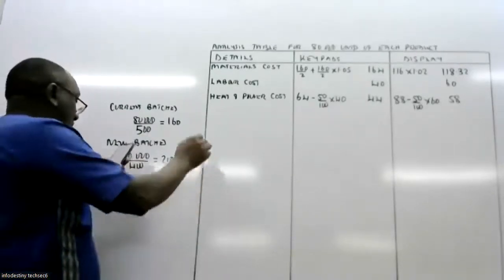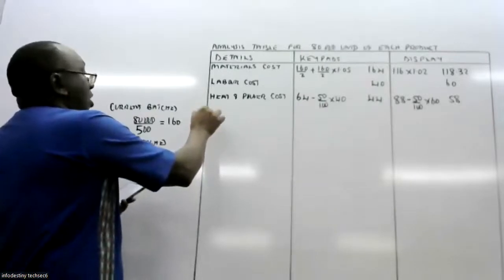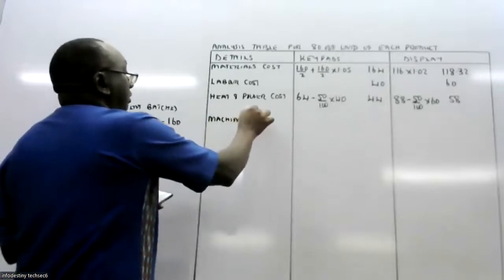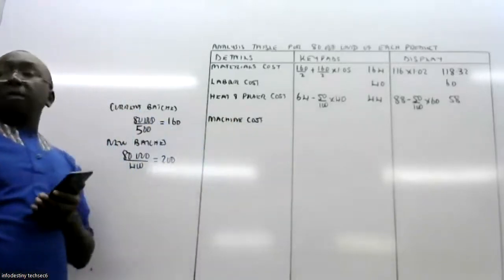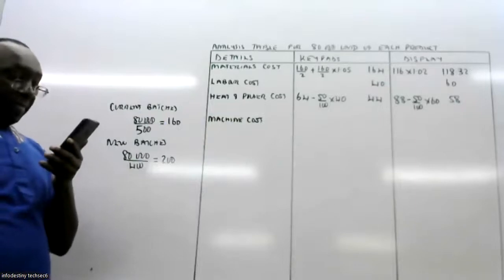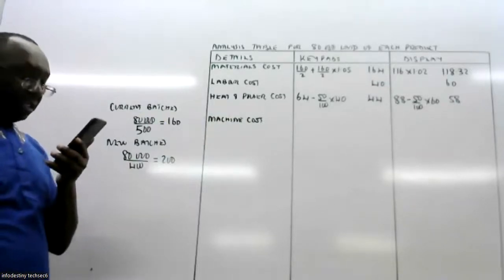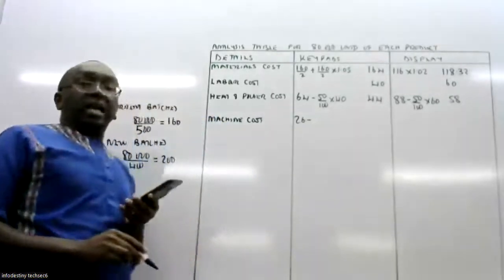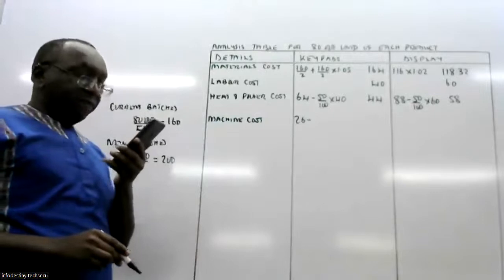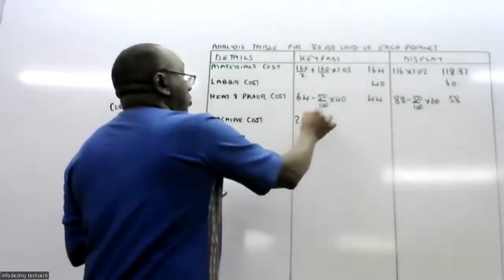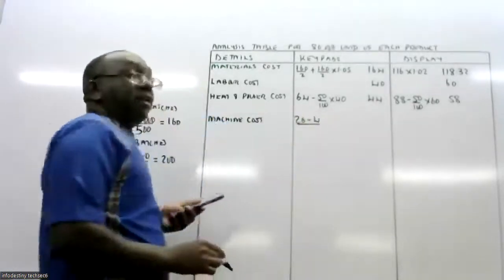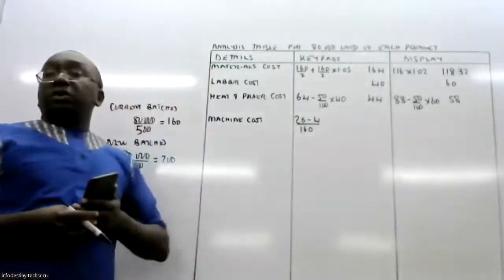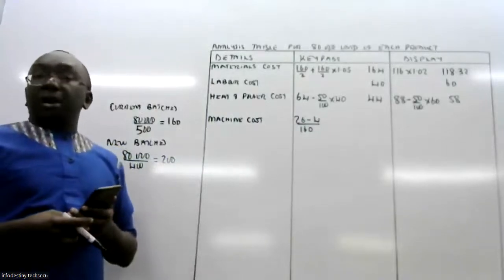So coming now here, we say machine costs. So the machine cost, right now it is 26. And you can see in the keypad we are told 4,000 is fixed. So you less 4, and first of all you divide by the current 160, so that you know one batch is costing how much.